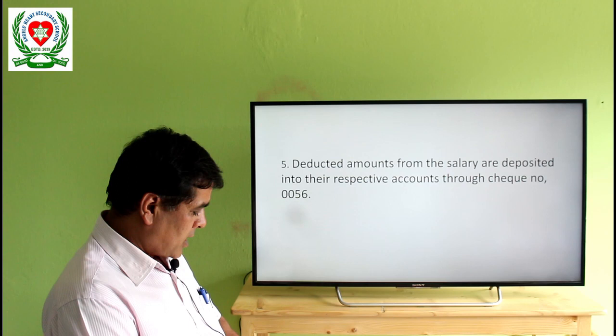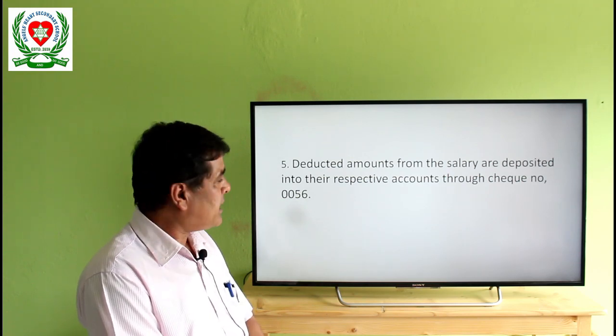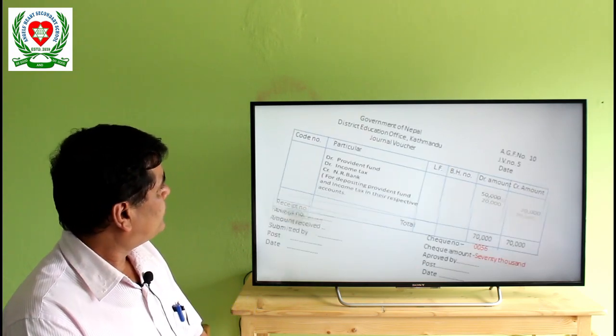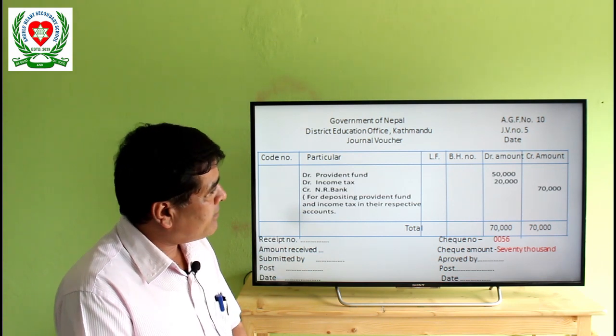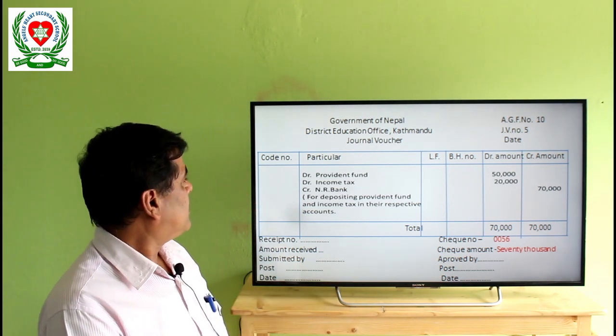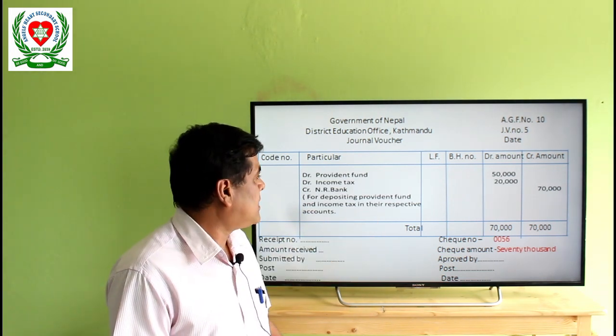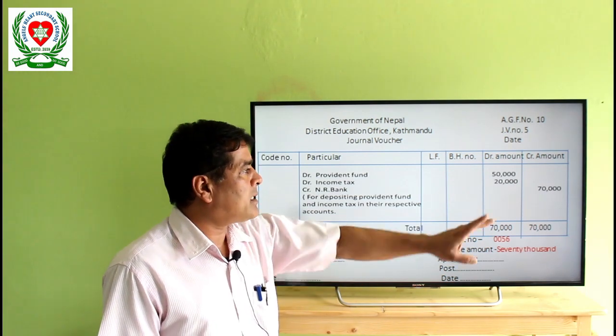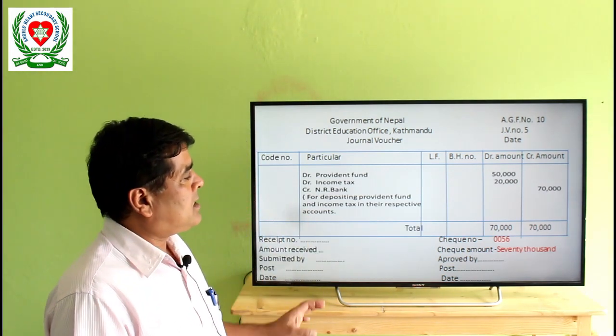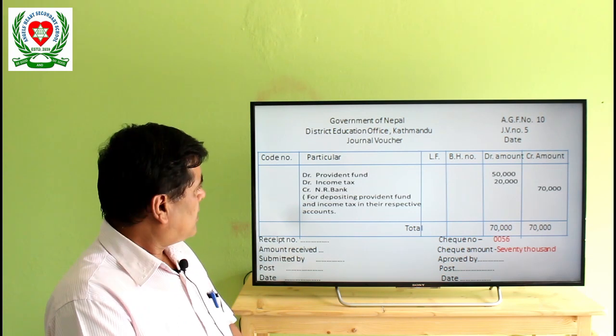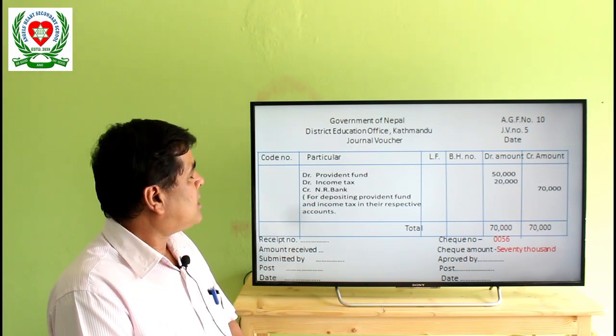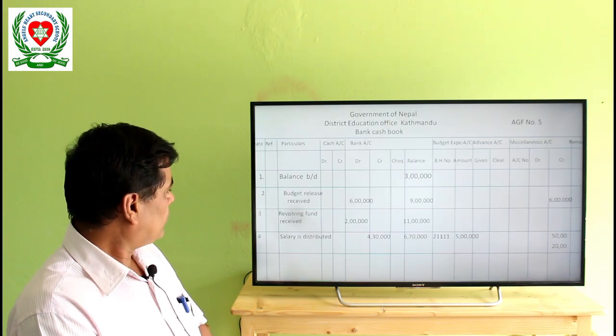The journal voucher for this question is debit provident fund 50,000, debit income tax 20,000, credit NR Bank 70,000, and we have to enter this journal in the bank cash book in this way.